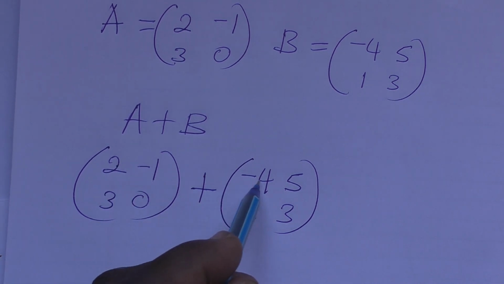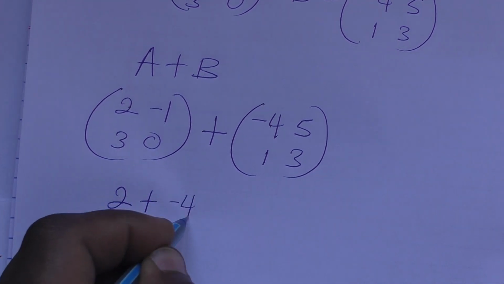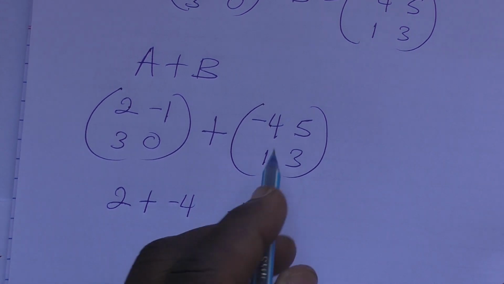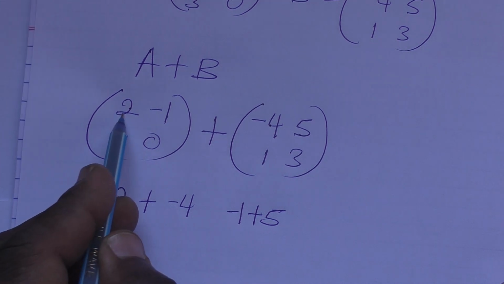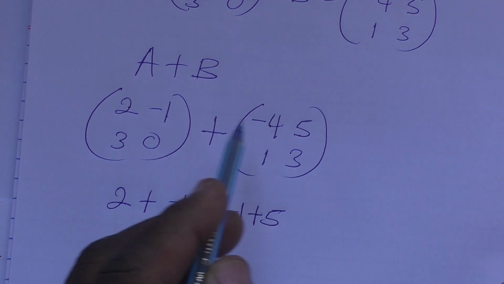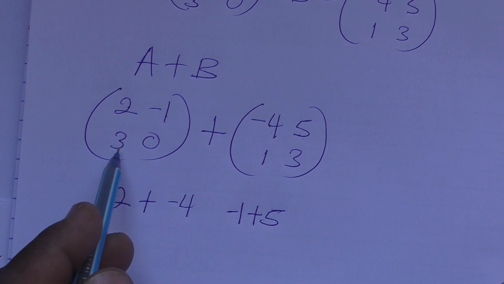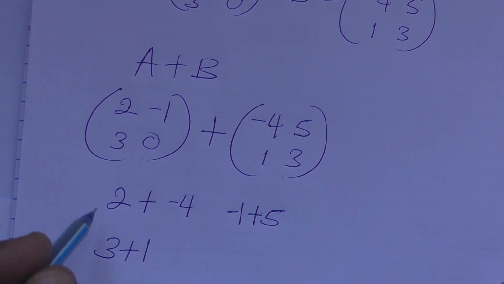2 corresponds with -4, and therefore we add 2 plus -4. -1 corresponds with a 5. So, meaning we add elements in the same positions in either matrix. 2 is in the same position with -4. -1 is in the same position with the 5. 3 is in the same position with 1, so we shall add 3 plus 1.